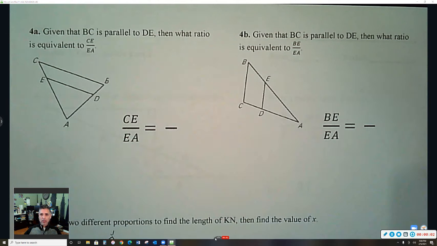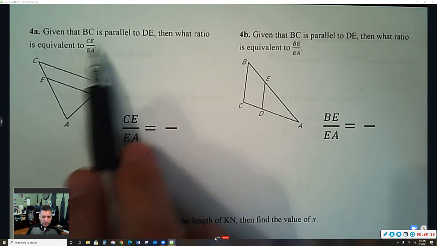For 4, we're not solving these. We just need to know which proportions, or how to write a proportion. This one is dealing with the triangle proportionality theorem.